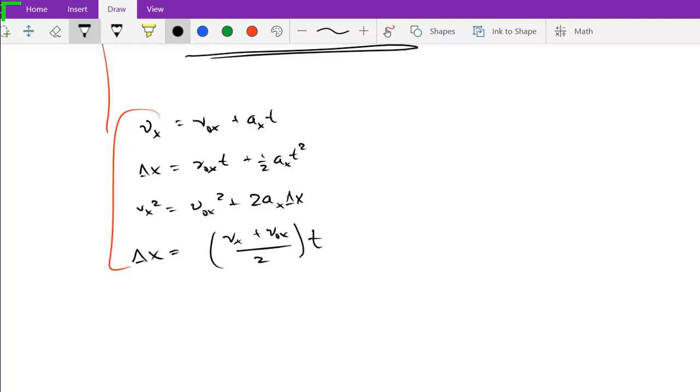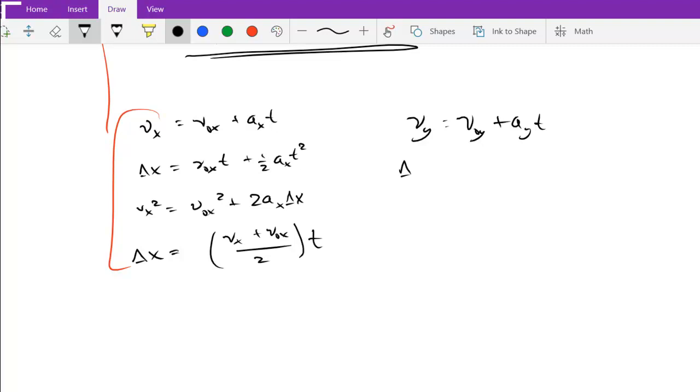But because we're now going to deal with motion in 2 dimensions, we also have the same kinematic equations: Vy equals V naught y plus ayt. We have them all in the y direction as well.